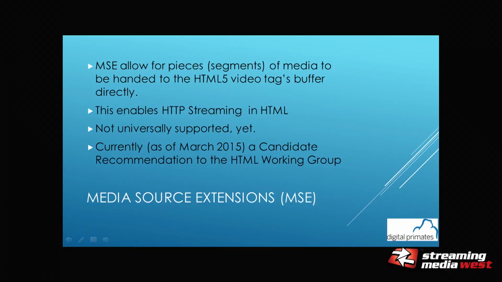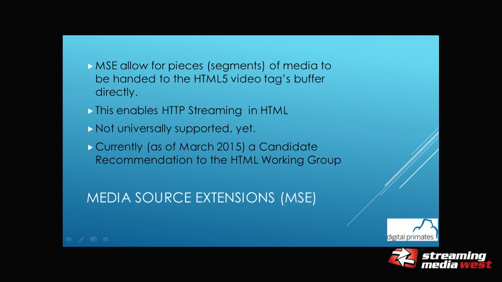Media source extensions, as I mentioned earlier, are effectively an API for the video tag. They give us the ability to hand individual pieces of video content off to the video tag and let it play out that piece of content. What this does for us is, first of all, it lets us easily seek, right? If you decide you want to jump somewhere else, you don't need to download the whole file up to that point.